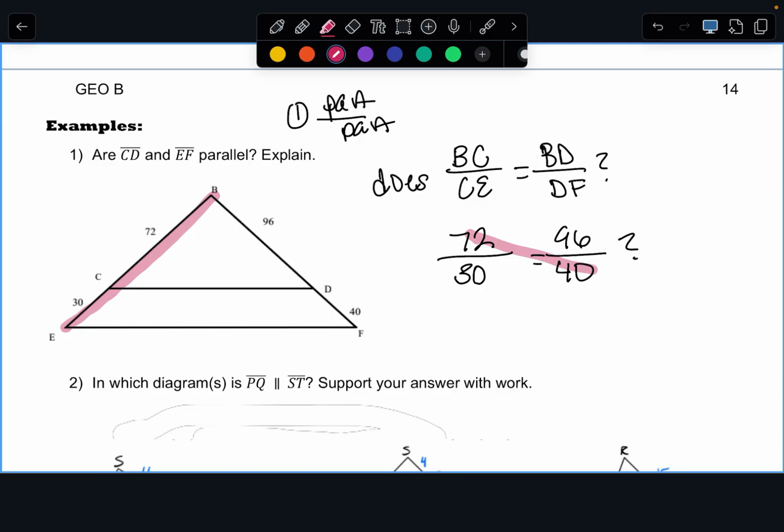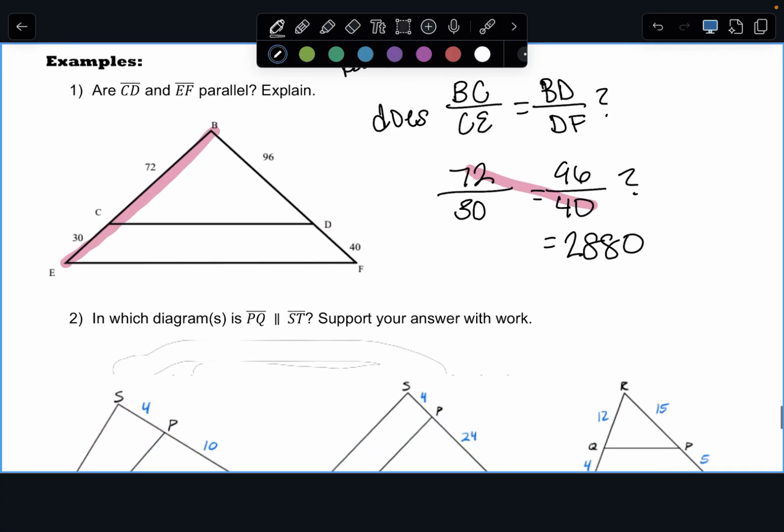But if you do 72 times 40, you would get 2,880. And 96 times 30 is also 2,880. So we would say, yes, our part over part was equal to part over part.